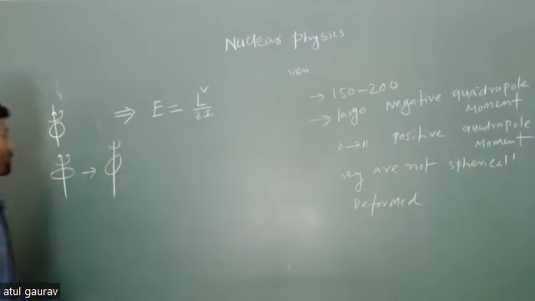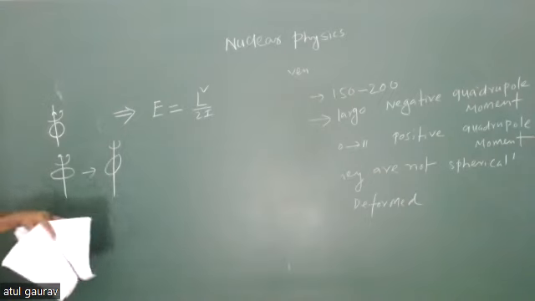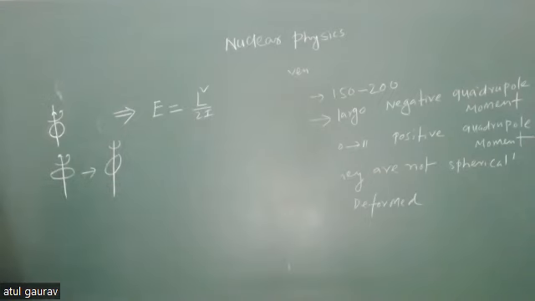So if you have a deformed structure and put it in rotation, its configuration will get changed, and according to quantum mechanics different configurations have different energy. If you are rotating, that energy will be rotational energy, and from classical mechanics it is L square by 2I.